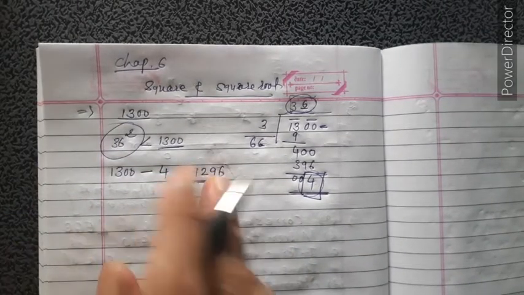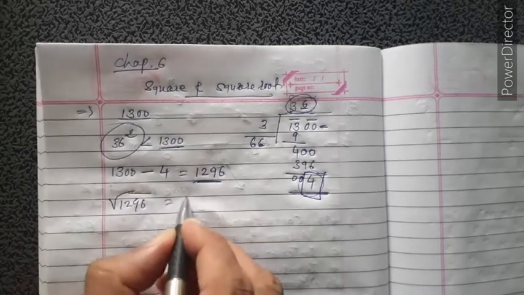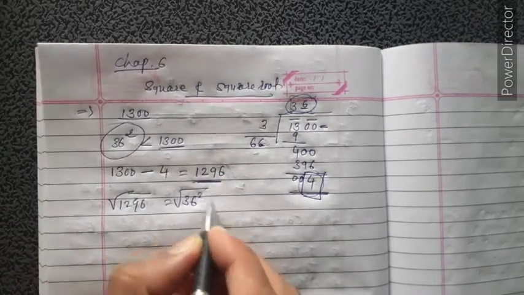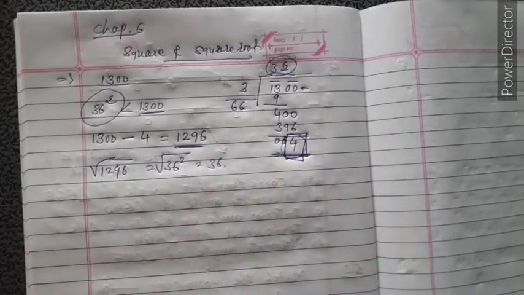The square root of 1296 is 36. So your answer is 4.